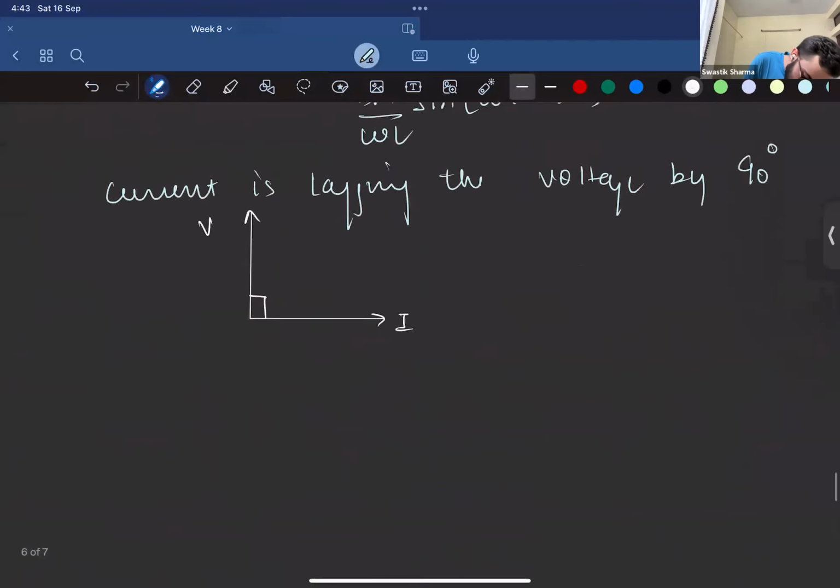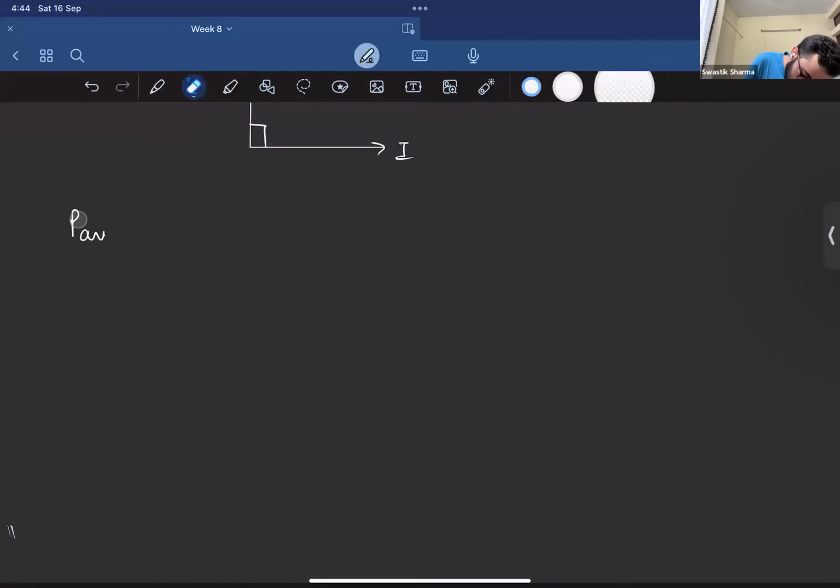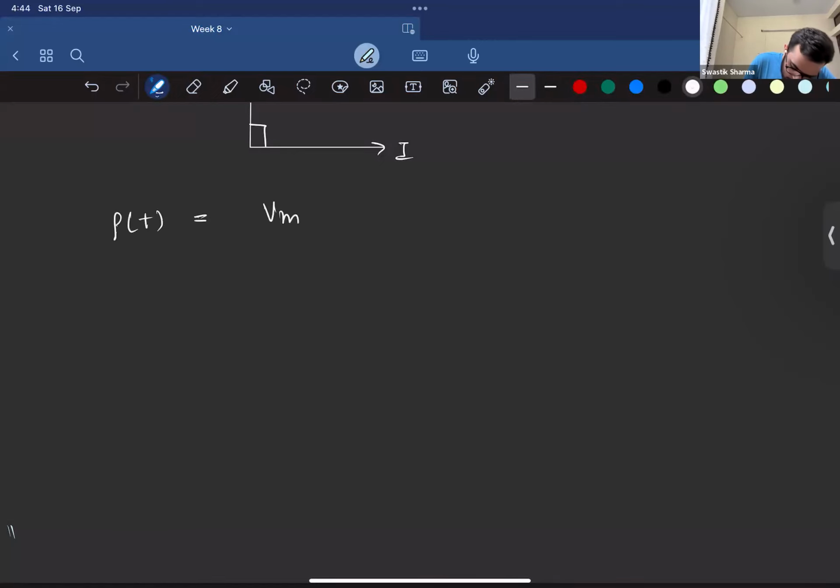So can you tell me what is the instantaneous power? It's Vm upon omega L, sine omega t, sine omega t minus 90 degrees, right?